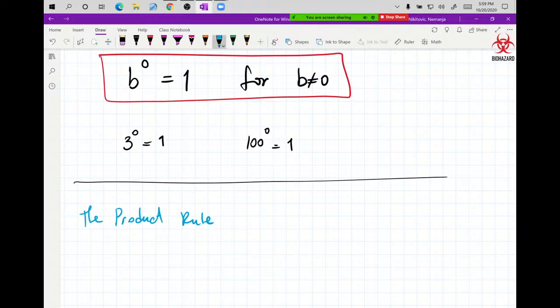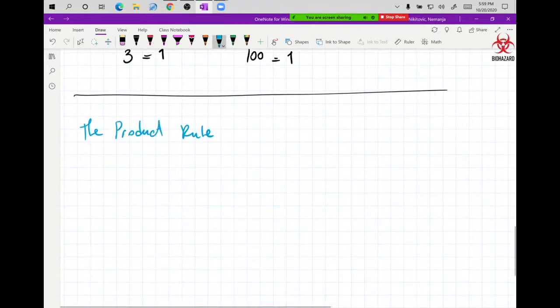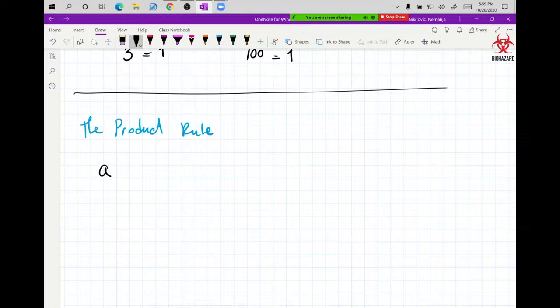The way the product rule goes is if you have a raised to some exponent m and you multiply that with a raised to some exponent n, then those exponents just add. So you can combine those into a single problem and then solve only one rather than working those two separately.